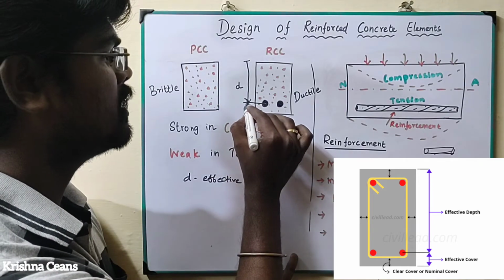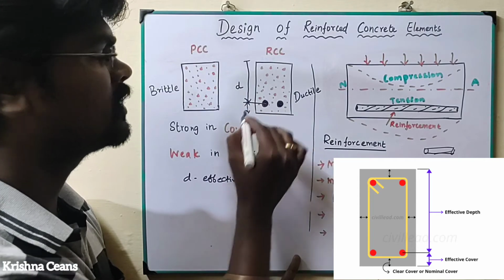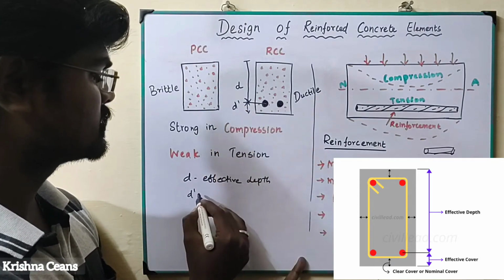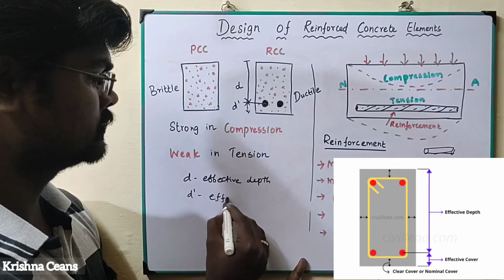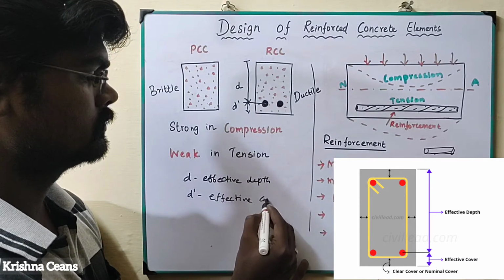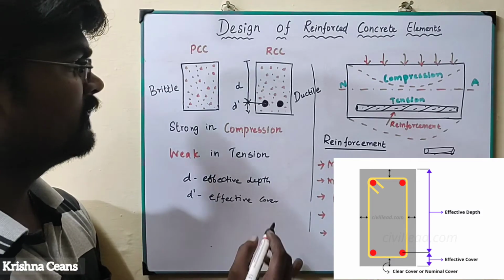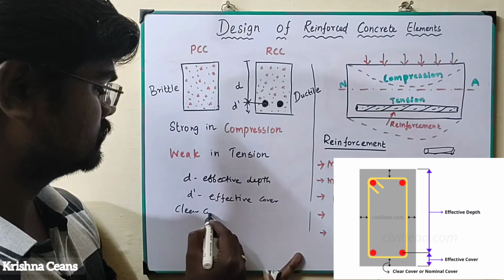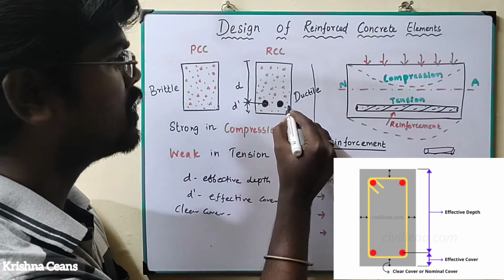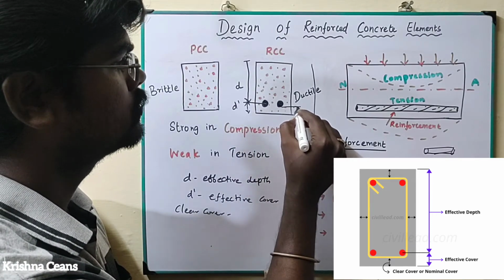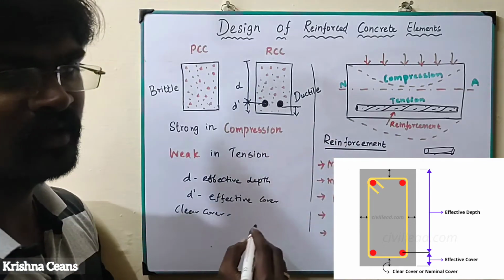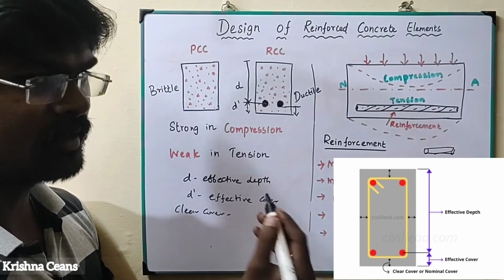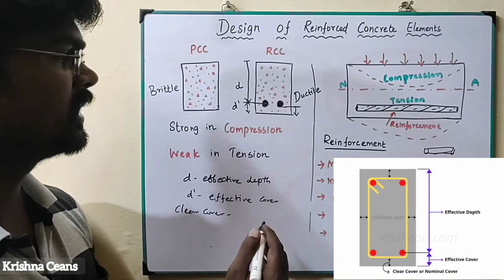Whereas from the center of the reinforcement to the bottom of the concrete we call it D dash, the effective cover. Whereas the clear cover is from the bottom of the reinforcement to here. So we call it, in technical terms, the clear cover.